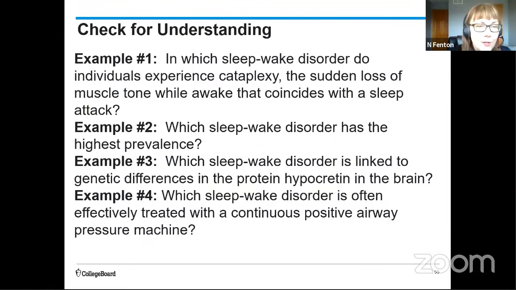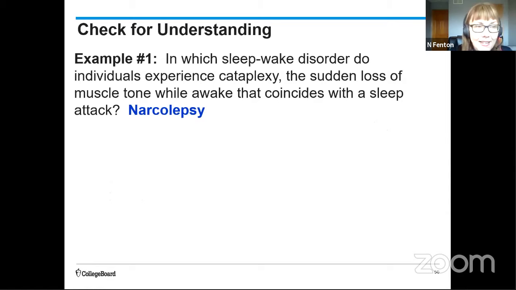All right, so we didn't go into detail, but let's see what you can remember about sleep-wake disorders from earlier in the year. See how you do with these check for understandings. Example number one is narcolepsy.